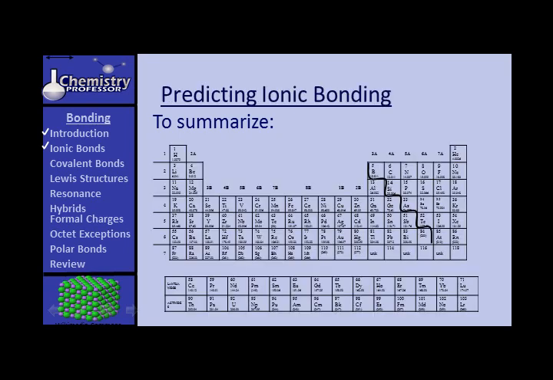Let's talk about an easy way to predict ionic bonding. You're probably not going to have a table of electronegativities with you all the time, but you probably will have a periodic table. So let's look at this.